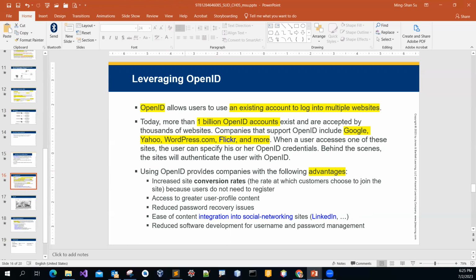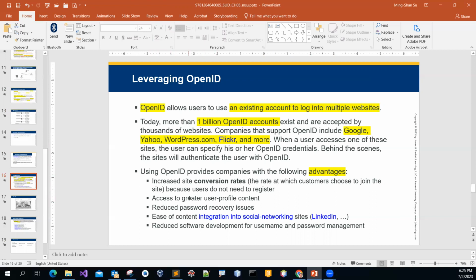Using OpenID provides companies with the following advantages: increased site conversion rates, which means the rate at which customers choose to join the site, because users do not need to register, since they have registered with OpenID already.